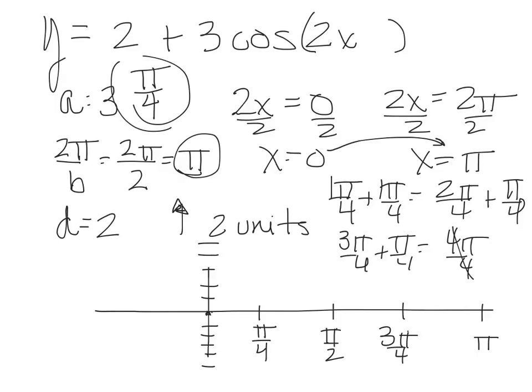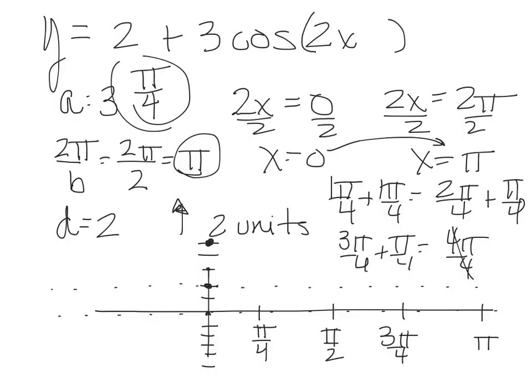Now then, normally with a cosine, if the amplitude was 3, we'd be right here, wouldn't we, to start with? But we have to move that up 2 units, so that's going to be right here. And what's happening now is this line that used to be the dividing line has now been moved up to right here. This is now the dividing line.